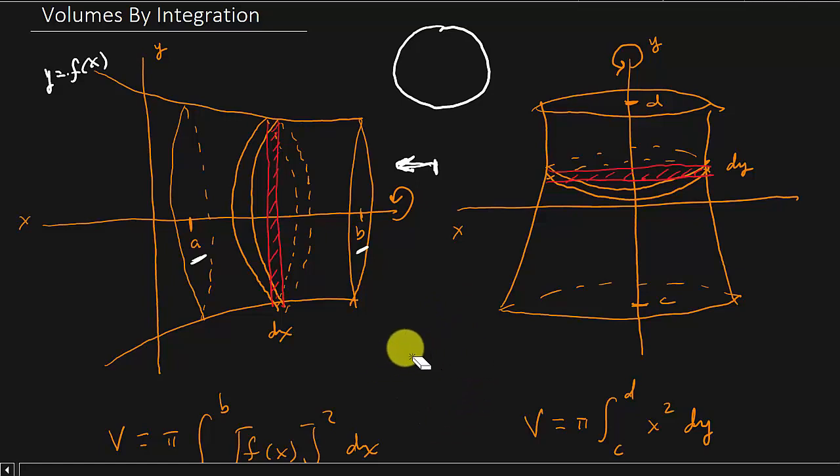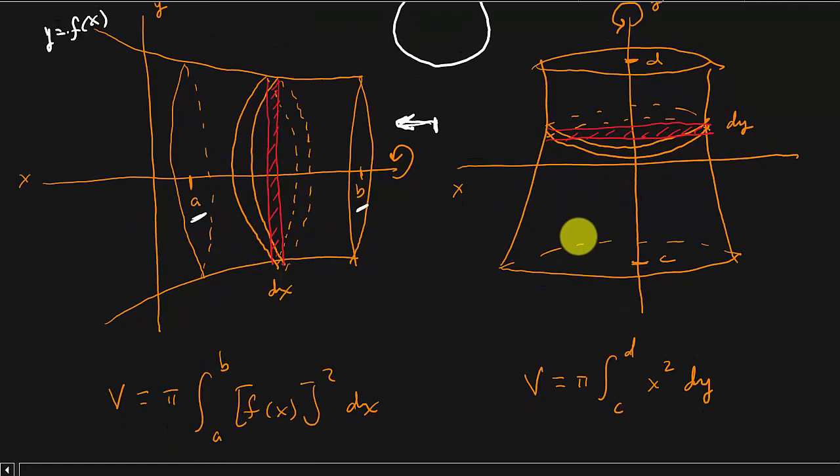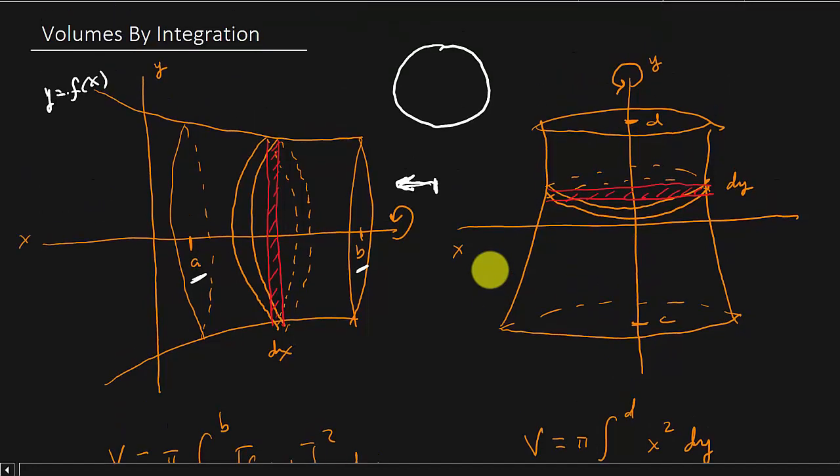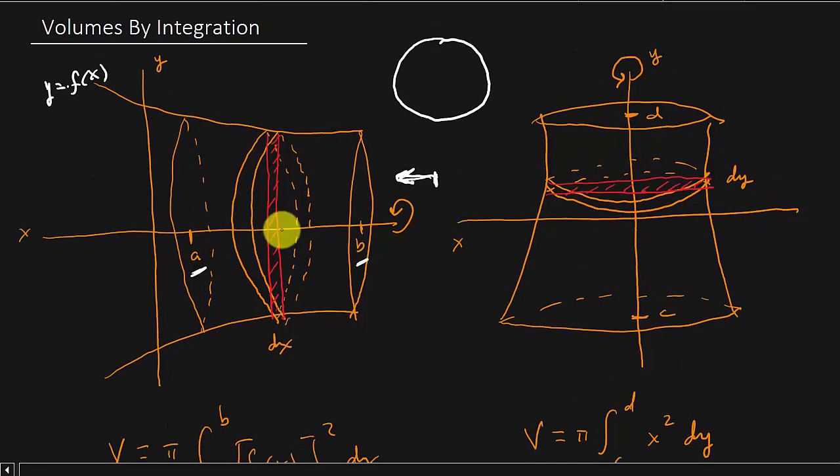All right. So look at this. If we take the area of this disk here, what's the area of a circle? Pi r squared, pi times the radius squared. So what's the radius? The radius is from here to here. What's the distance from here to here?